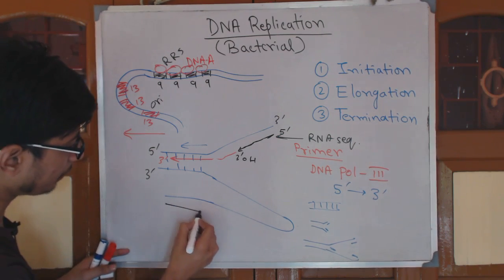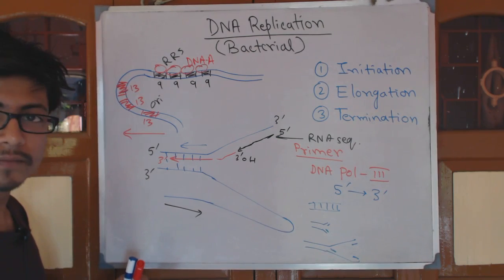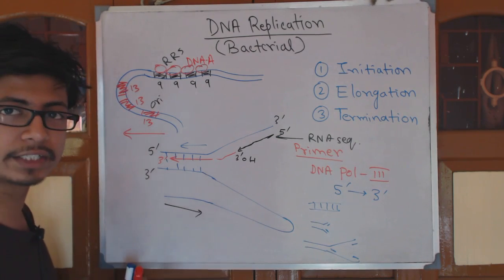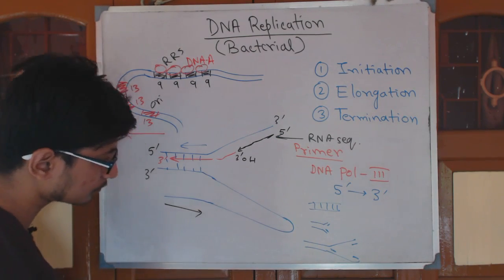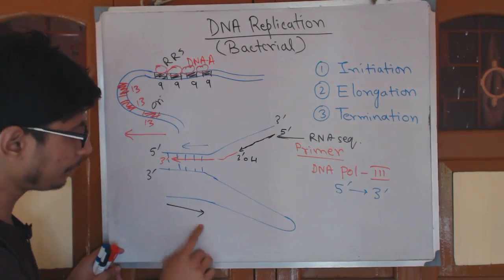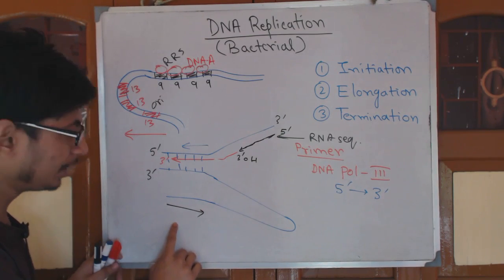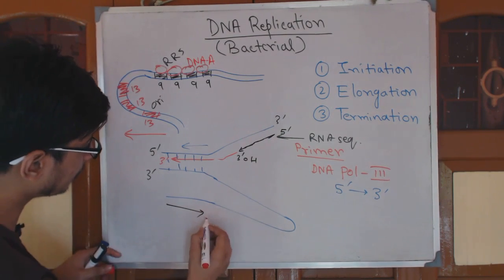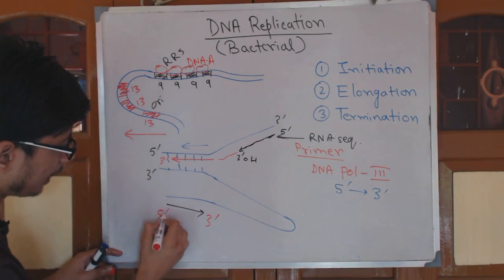The primer will form in this direction. So a primer formed in this direction, and a primer formed in this direction. So that means this is 3 prime, this is 5 prime.